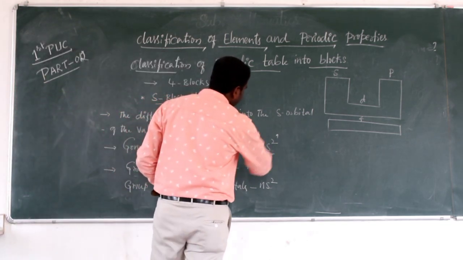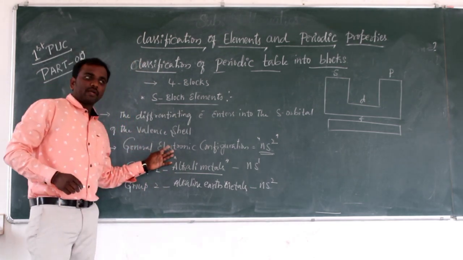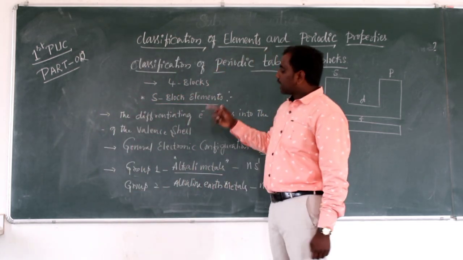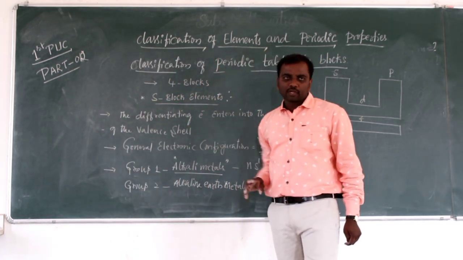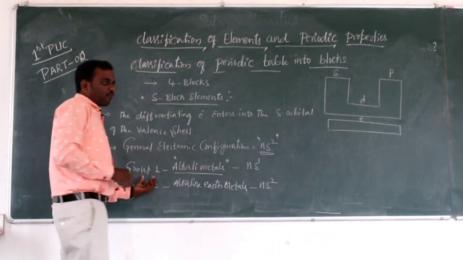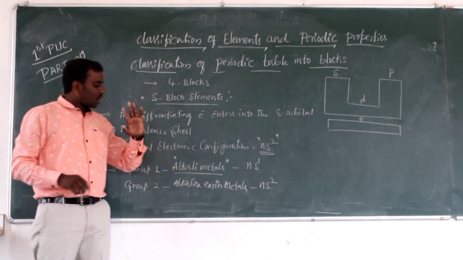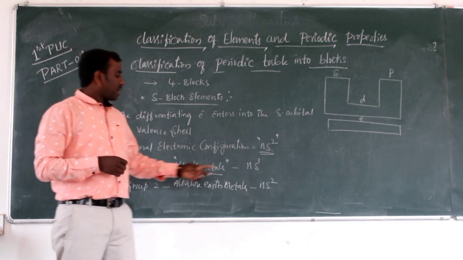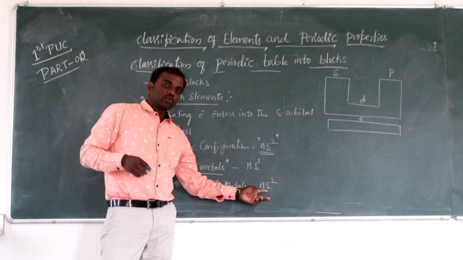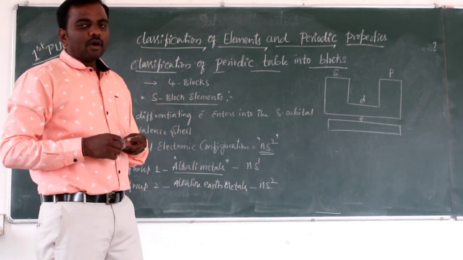Further, these S-group elements can be classified into two important groups, the first group and second group. First group elements are called alkali metals, and second group elements are called alkaline earth metals. ns1 is the alkali metals electronic configuration, and ns2 is the alkaline earth metals electronic configuration.